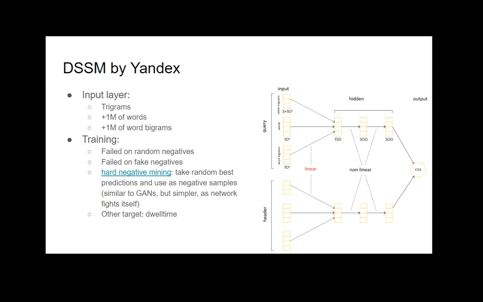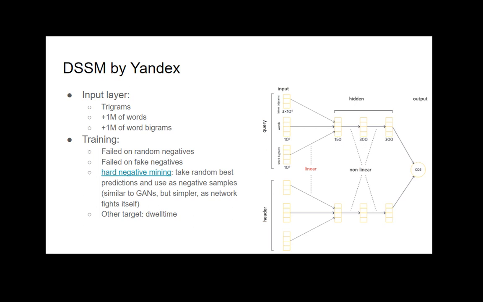The output is some metric which we are trying to predict. We say that we are predicting assigned similarity. This is our task. We want to embed the query, embed the header, the text, multiply these two vectors from the last layer, and get 1 if they match, and 0 if they don't match.